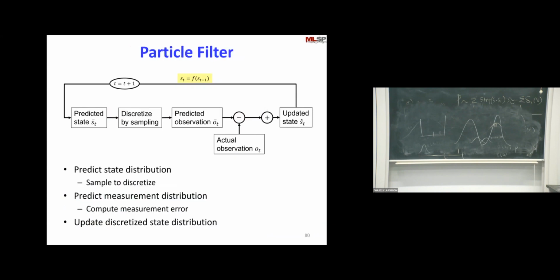Here, we're going to do something else. We're going to predict the state distribution. We're going to discretize the state distribution. You're going to get the observations, which are going to rescale the heights of these deltas. And then the updated state distribution is going to be continuous, which you're going to sample again, right?